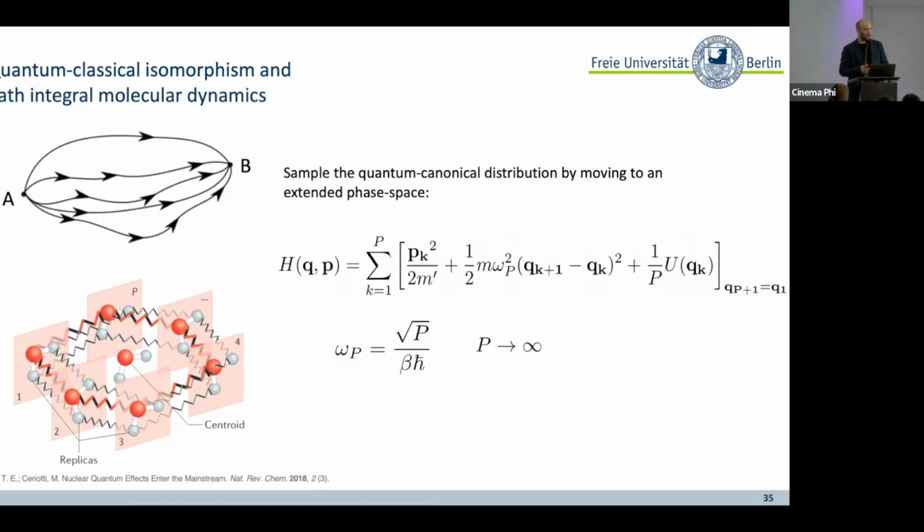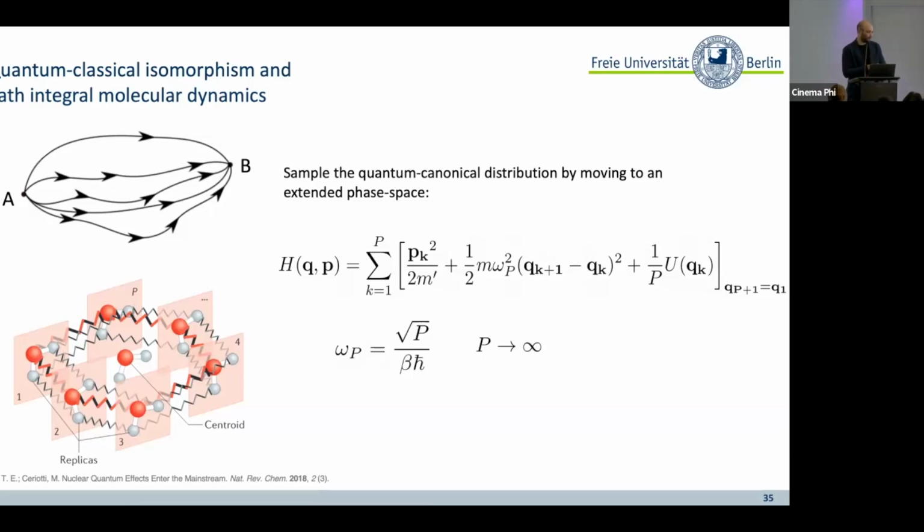The theory is correct in the limit of the number of replicas going to infinity, but in practice, this number of replicas, P, is more like a convergence parameter. So we need to increase it until the simulation converges. One of the major problems here is that this number of replicas has to increase when the temperature decreases.